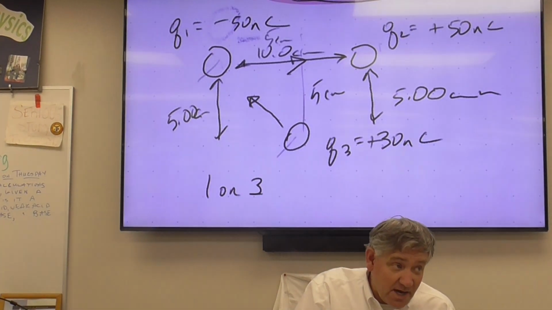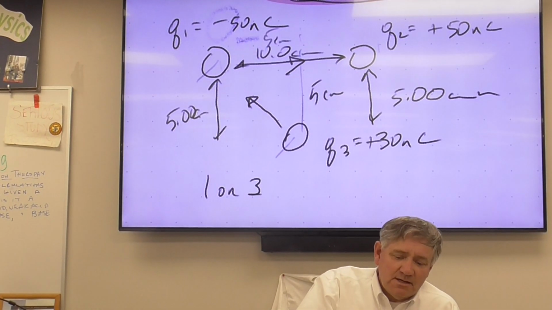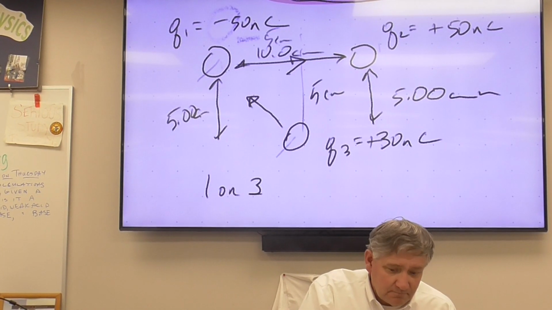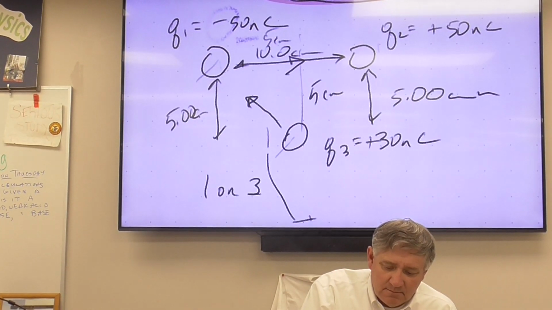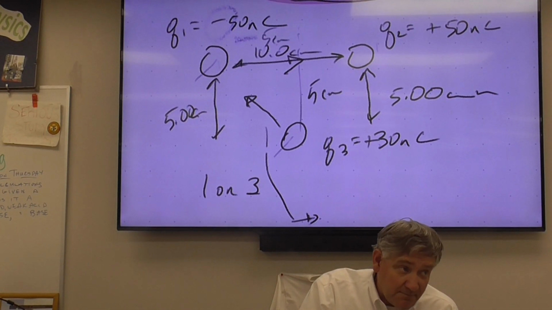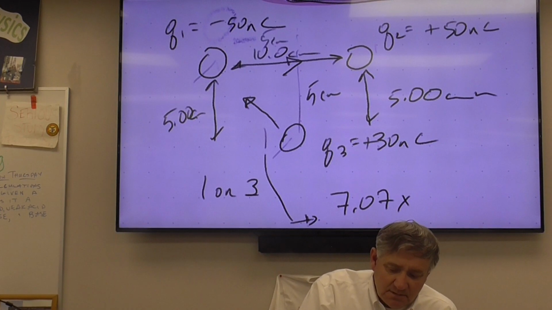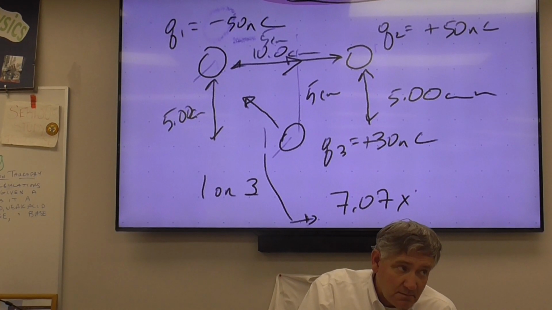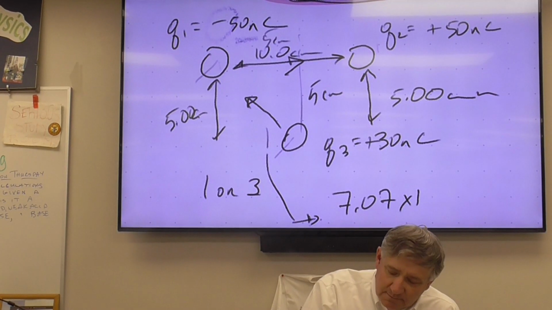Square root of 2 times 5. So give me that number in meters. 7.07 times 10 to the negative 2, in meters.